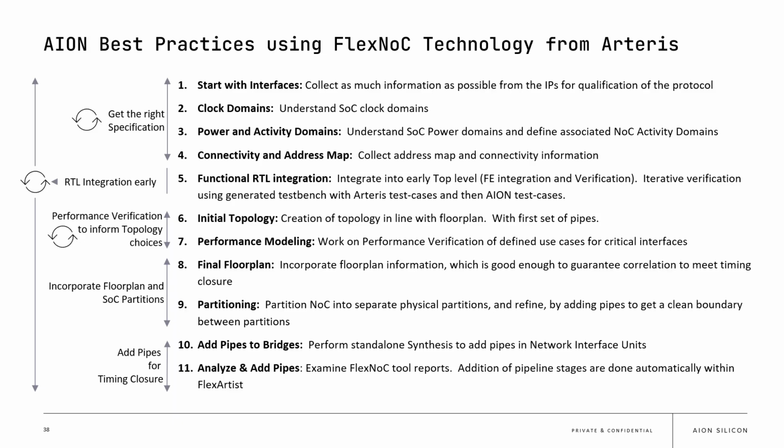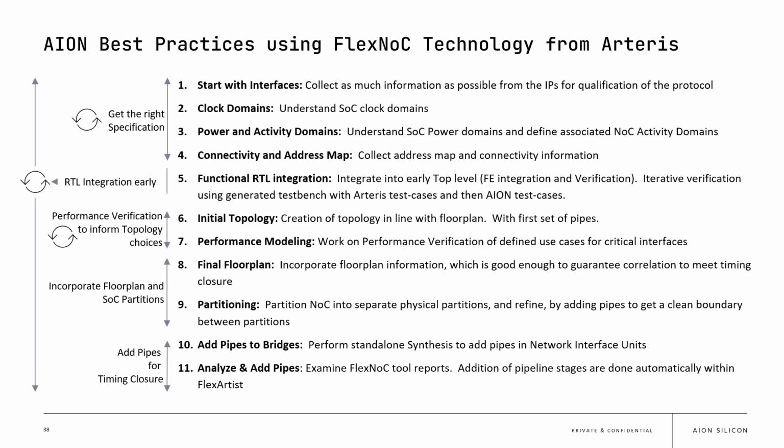You want to perform your performance verification early, so that helps inform your topology choice and helps you work out what's the best topology to create in line with your floor plan. As the partitioning information comes, you want to integrate that.